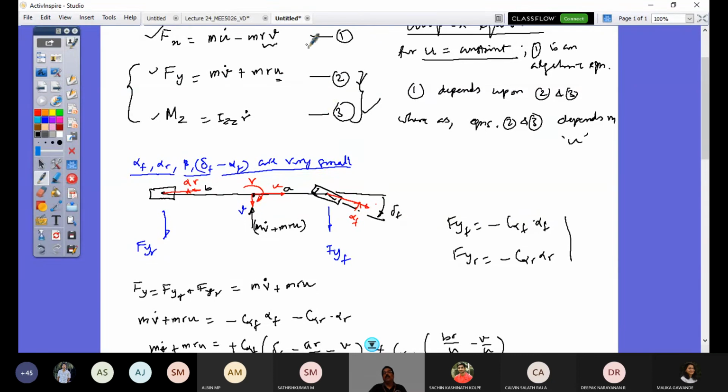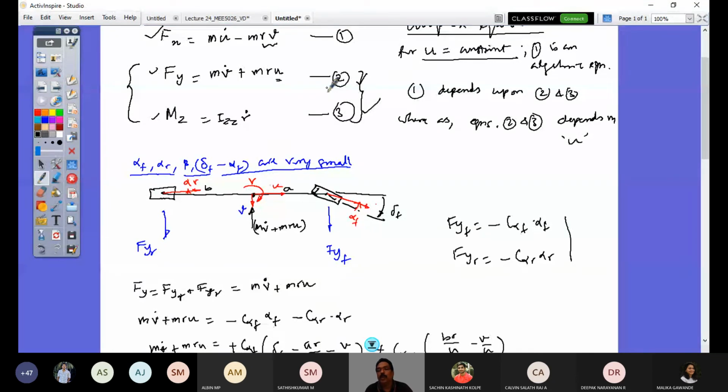For a constant speed, equation 1 is an algebraic equation, and equations 2 and 3 are independent of it, whereas equation 1 depends on equations 2 and 3, as r and v you get from equations 2 and 3, which you have just now seen. Because of this, equations 2 and 3 are sufficient for pure cornering study.